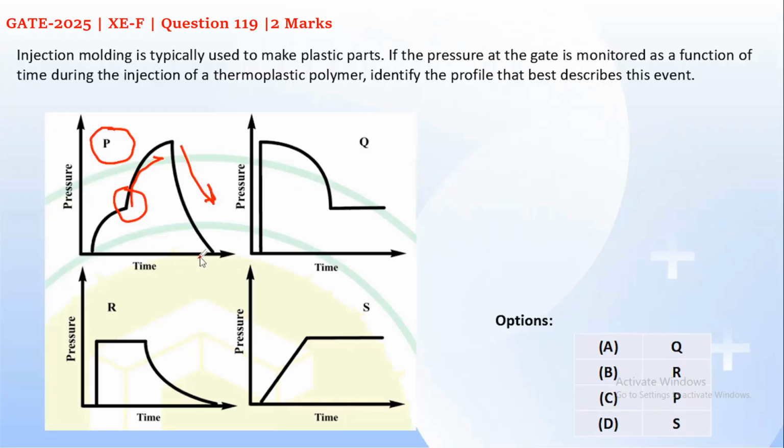That matches real gate pressure traces from typical thermoplastic injection. Therefore, this P profile is the best profile which describes the pressure at gate as a function of time. So P, which is option C, is the correct option.